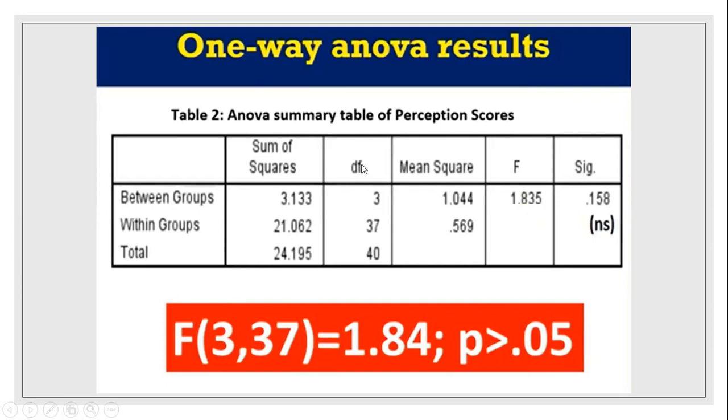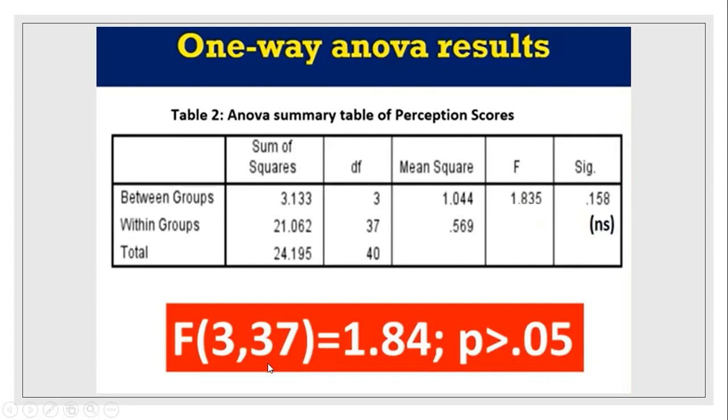Then the degrees of freedom is also shown here. This is the mean square. The F itself, this ANOVA result, is coming out as non-significant. That's why I wrote NS here, non-significant.